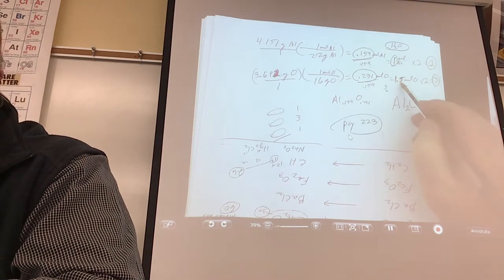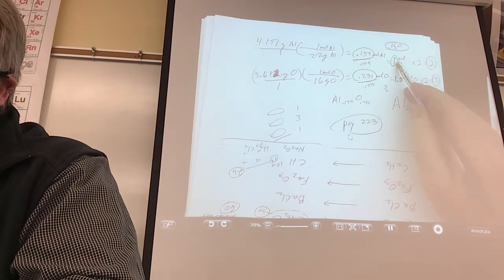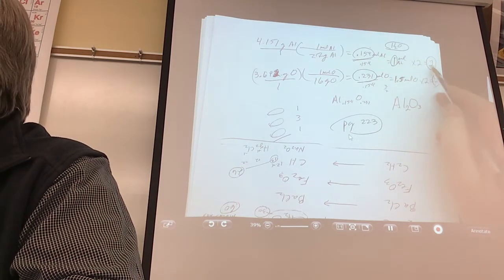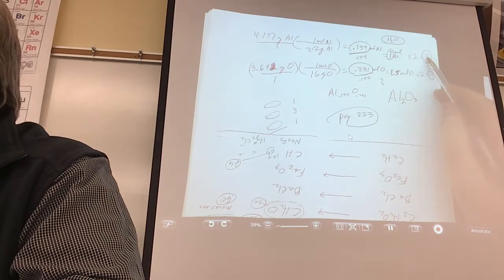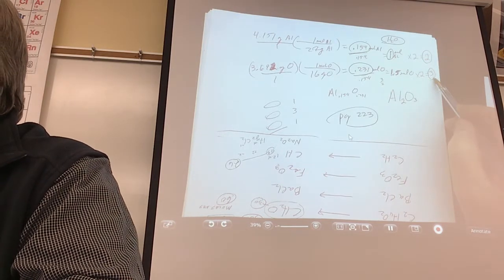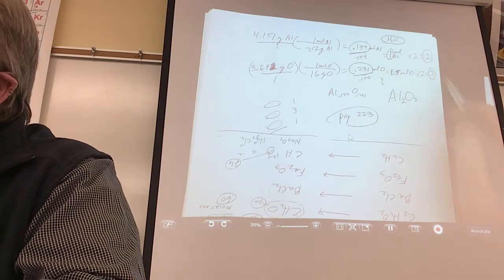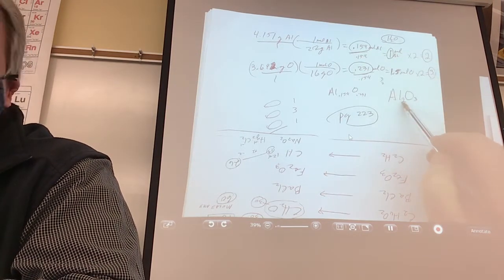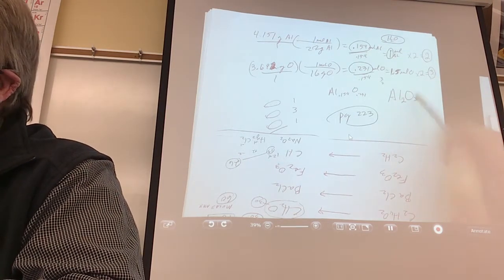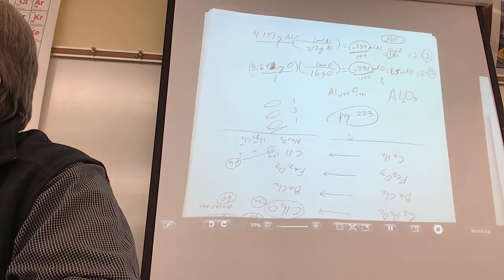You multiply me by 2, you better multiply me by 2, and then we'll be in the same ratio. Did you know that a 1 to 1.5 ratio is the same as 2 to 3? Oh, there we go. I'm done. This compound, for every 2 aluminums, there'll be 3 oxygens. And that's how I did it.